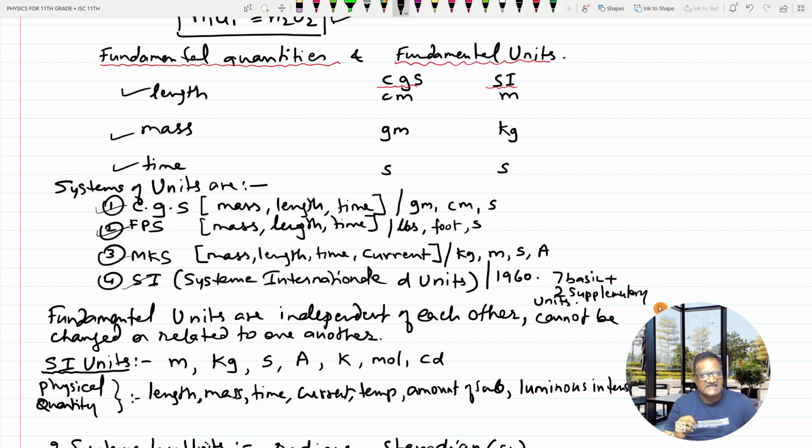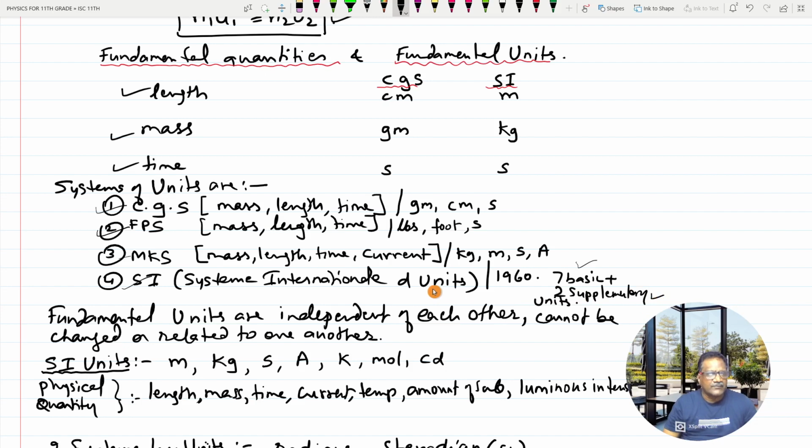In this SI system, you have 7 basic units and 2 supplementary units. So let us talk about that.